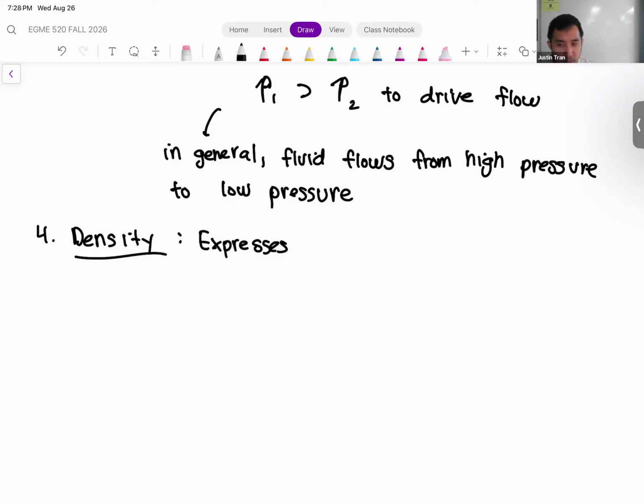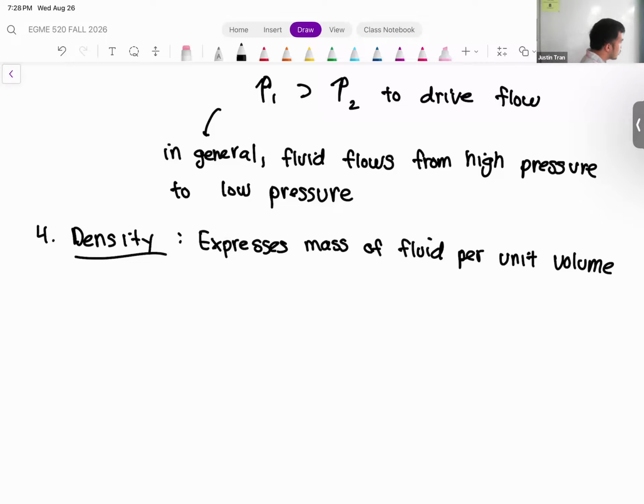So the density is basically our way to express the mass of a fluid. It characterizes the relative mass of a fluid per unit volume. You can think of it as a ratio. The symbol for density is this symbol called rho.